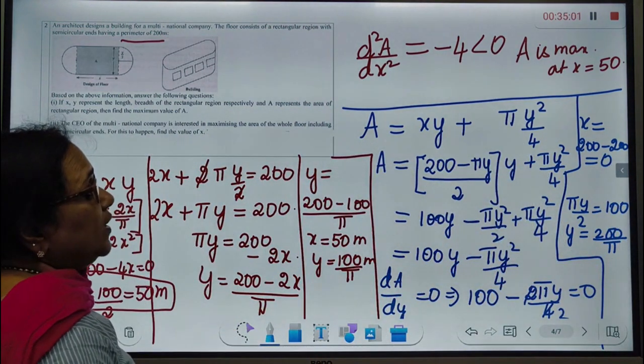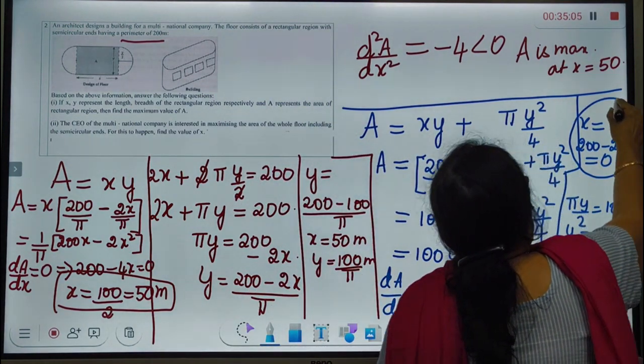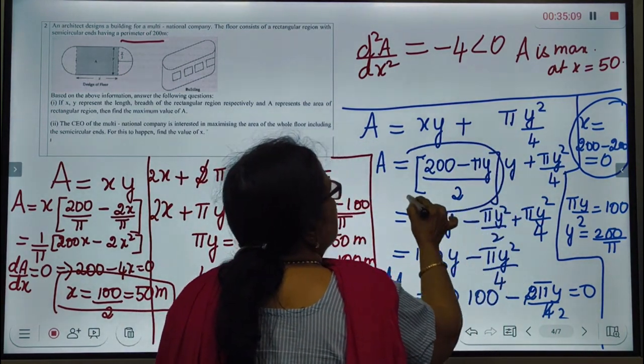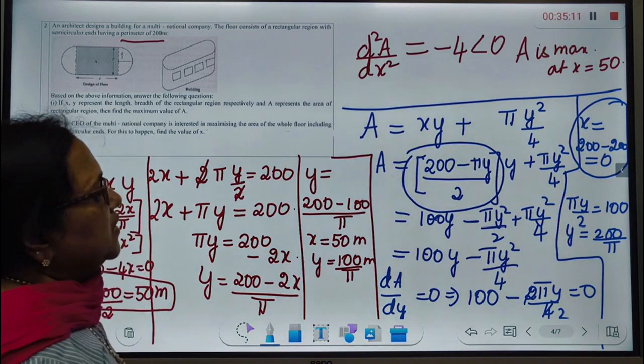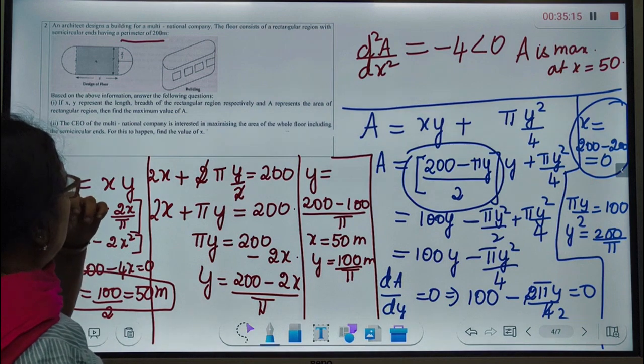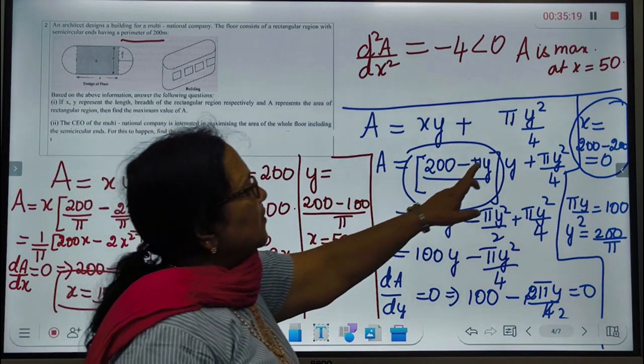So, when y is 200 by pi, very important, x is 0. Where am I substituting for x? This is my x. So, x is 0.